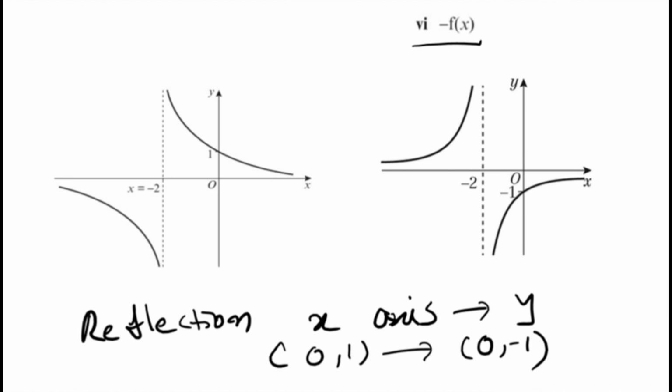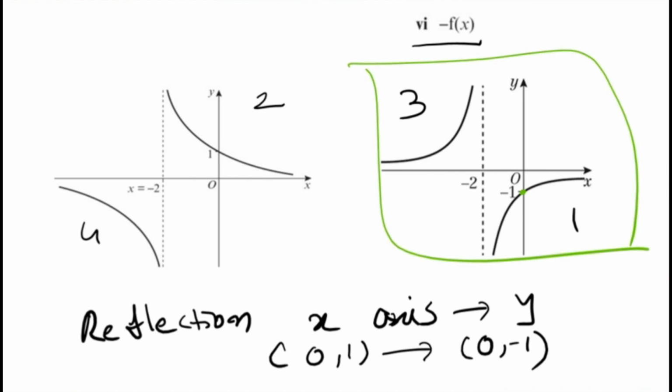And here, as you can see, the graph, before it was in the second and the fourth quadrant, now becomes the third and the first quadrant. The asymptote will not change, only the y coordinate changes. So we will get one point here, which is (0, -1). So this is the way we can transform our graph to minus f of x.